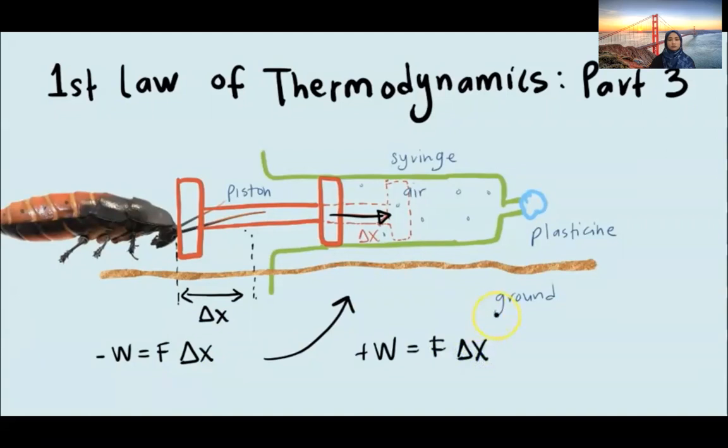It's the same amount of energy that Abu loses. It goes to the syringe. So this is one instant. In this case, we can say that the environment is doing positive work on the gas system.